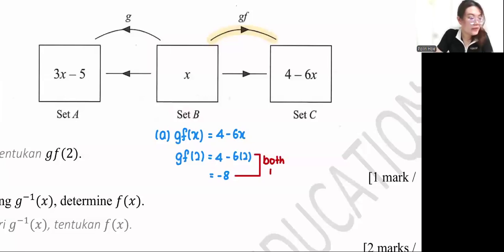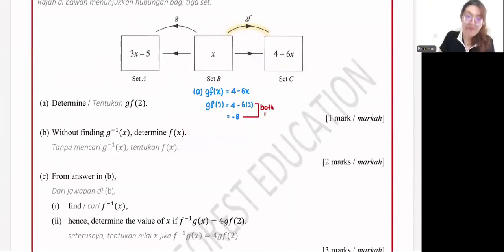Let's proceed to part B. Look at the question. You need to follow what the question wants. 题目要求什么，你就做什么. But not reading, okay, G inverse X. It means, oh, they asked me to find G inverse. No, 你要看清楚 what they want.